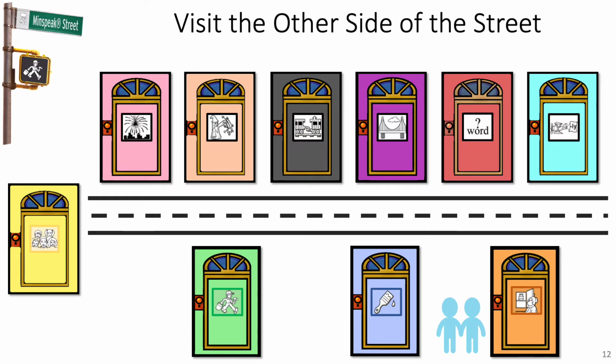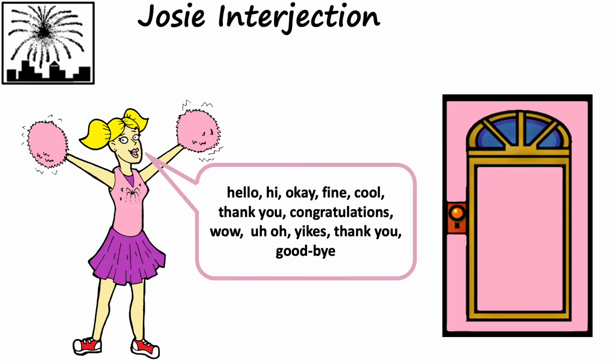After visiting with those 3 people who live on one side of the street, it's time to carefully cross the street and visit whoever lives behind the pink door. Behind that pink door lives Josie Interjection.